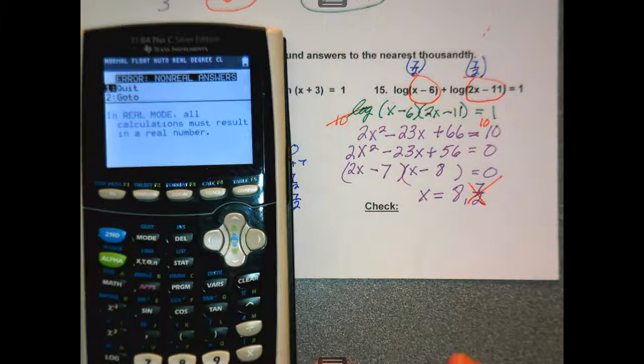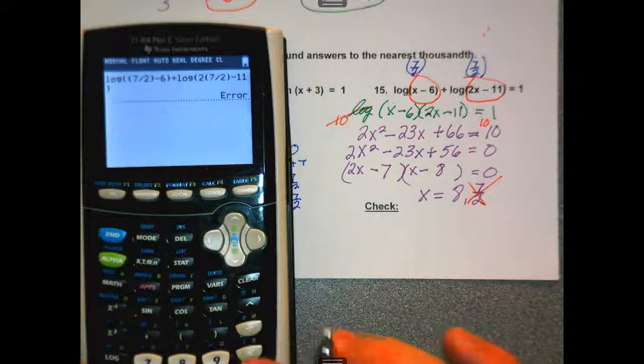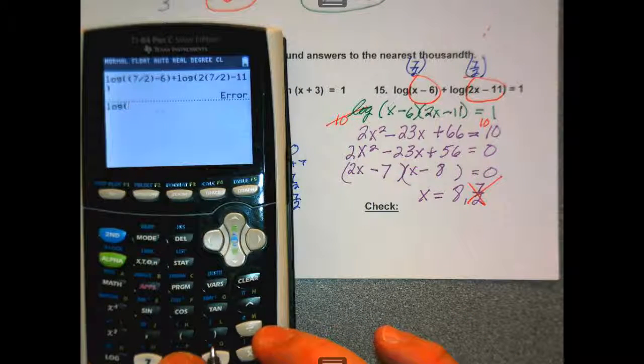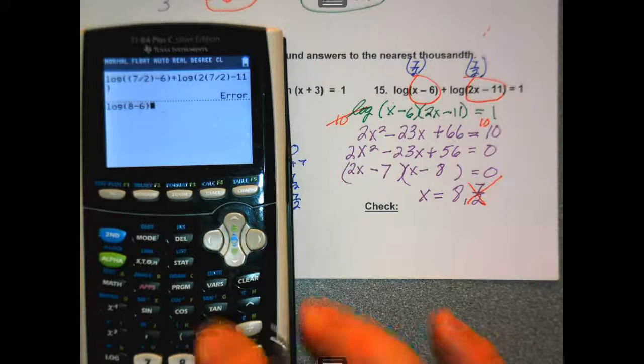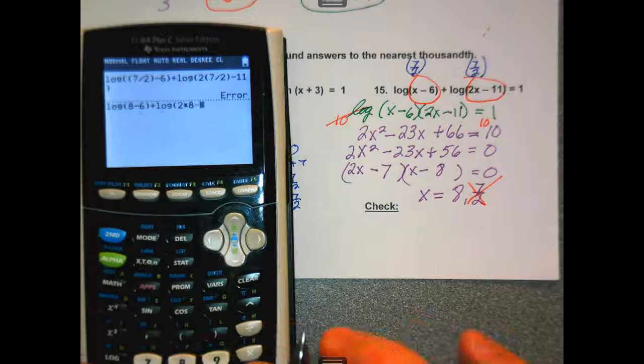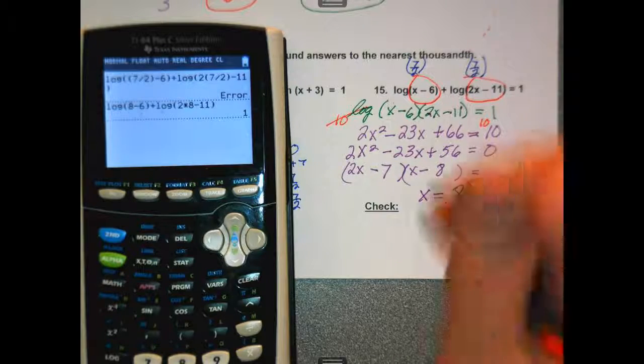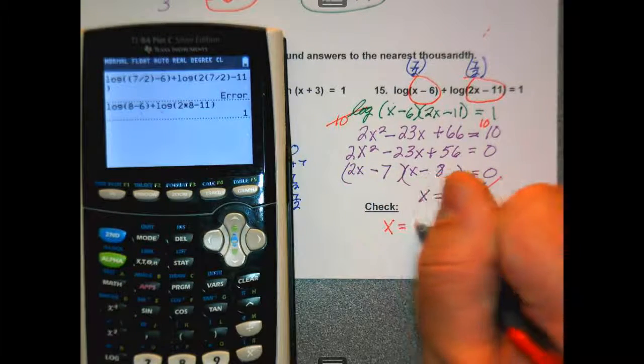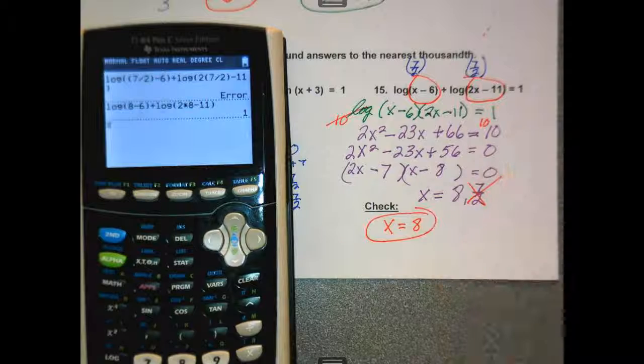Now let's do it with 8. So log of 8 minus 6 plus log of 2 times 8 minus 11. Does that equal 1? And I'll bet you it does. So x equals 8. Easy peasy, right?